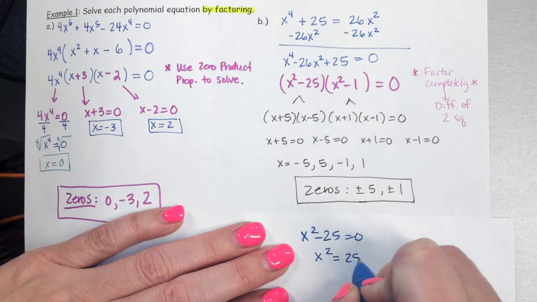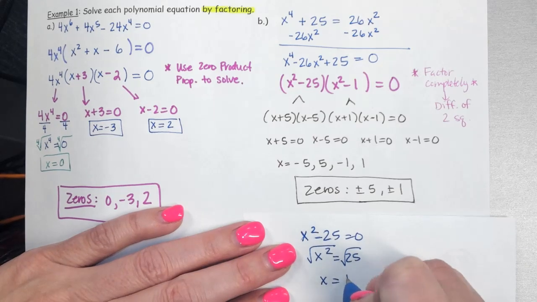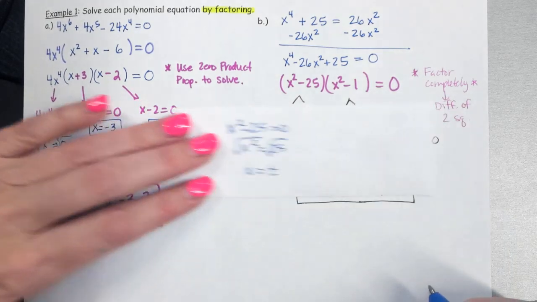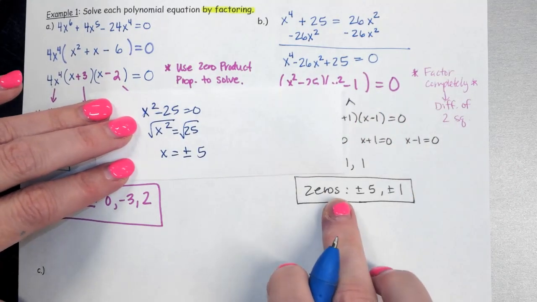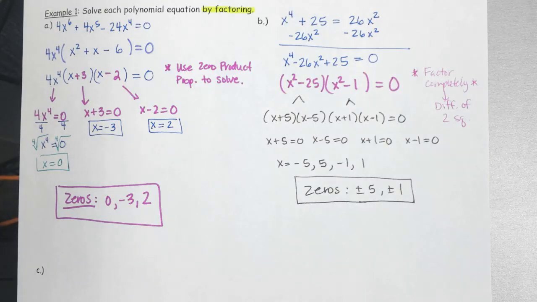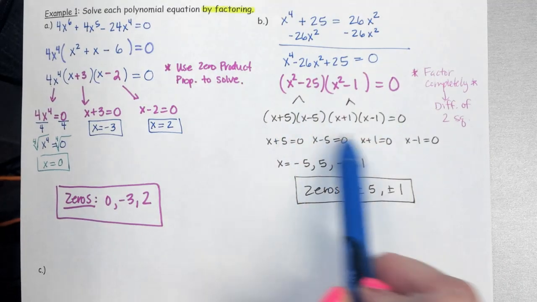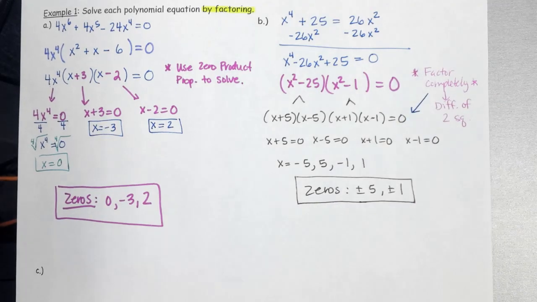You would just have to remember when you take the square root, what goes in front of your answers? The plus or minus, okay? So it's not that you couldn't get the correct solutions from there, it's that it's telling you to solve by factoring, okay? So I'm going to be looking for this step, okay? So you have to make sure that you factor completely, okay?